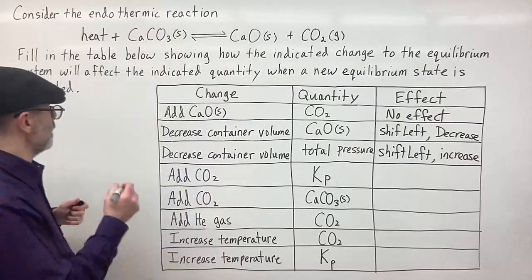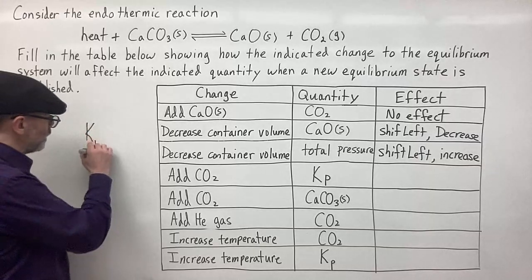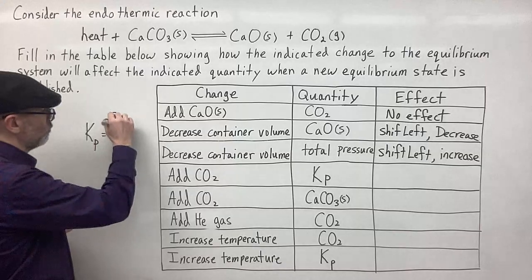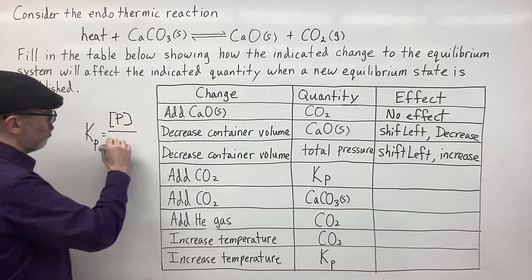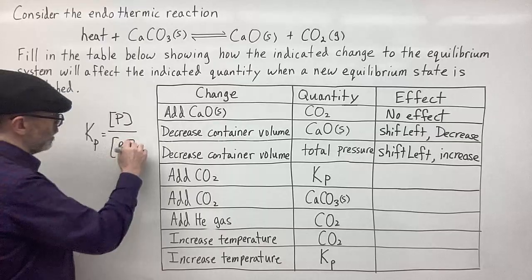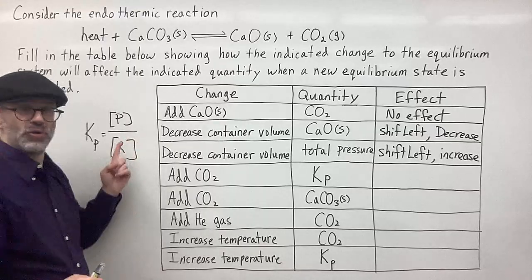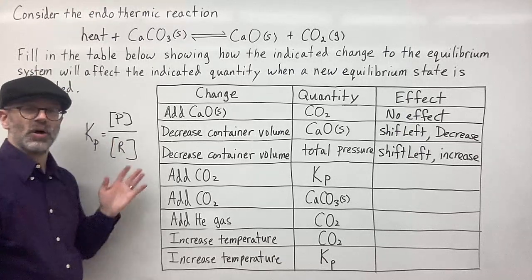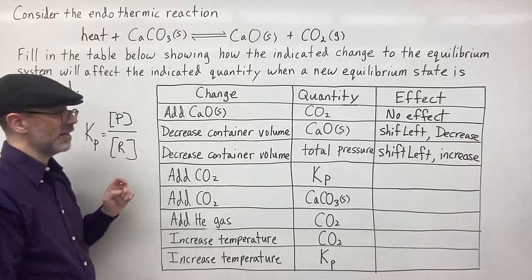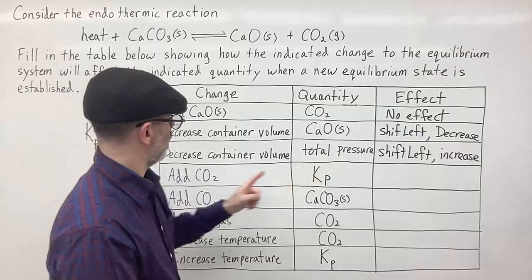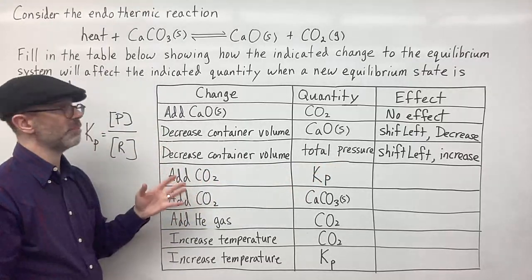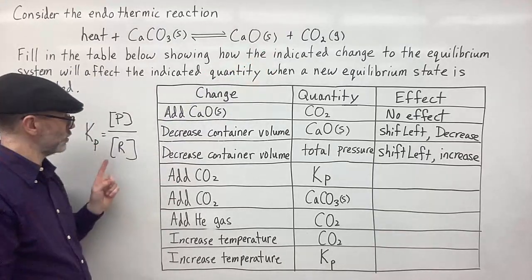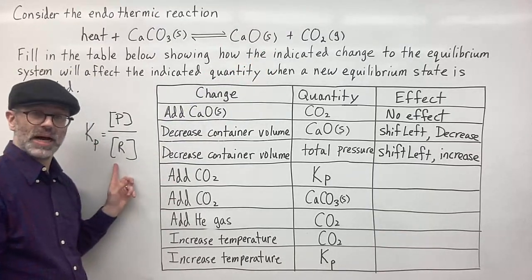So remember, Kp, simply put, is going to be concentration of product over concentration of reactants. So you've got this ratio here. Kp is equal to this ratio. Well, nothing affects that ratio. Adding CO2 or maybe something else, right? Adding a gas is not going to change the equilibrium constant.